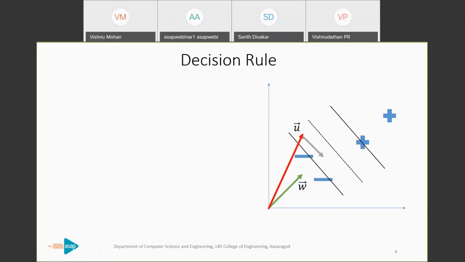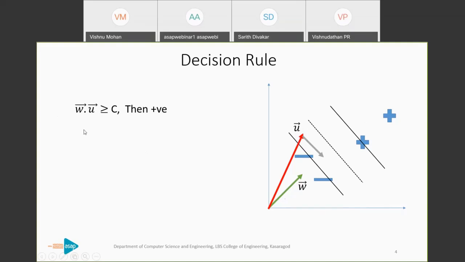Now let's write a decision rule based on this assumption. I'm going to write the projection as U dot W, that is the projection of U on W. U dot W greater than or equal to some constant, say C. That C shows the length.